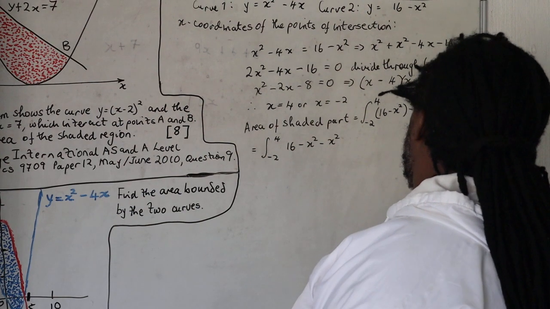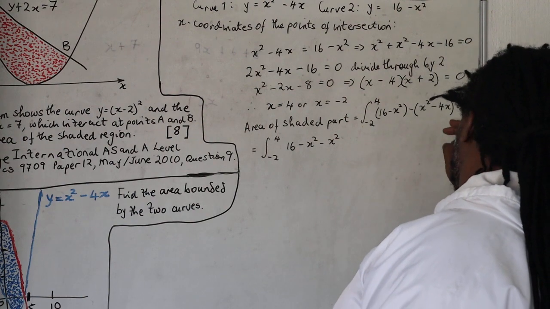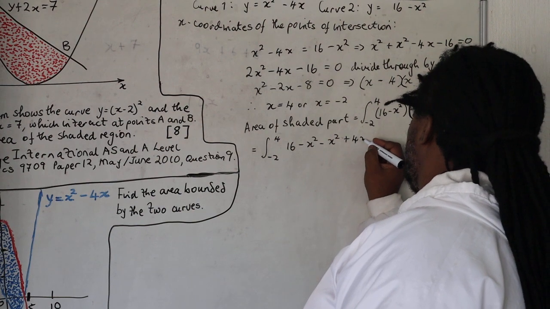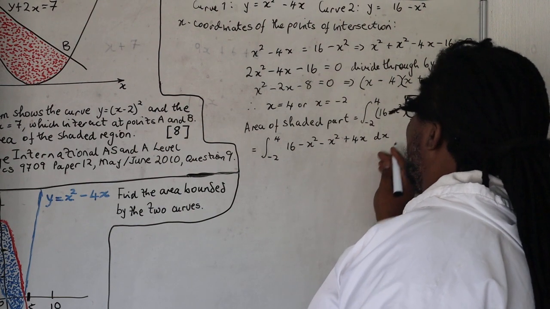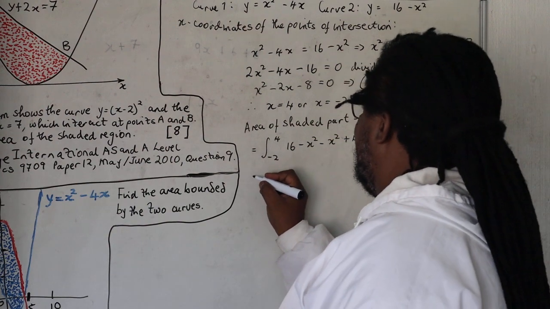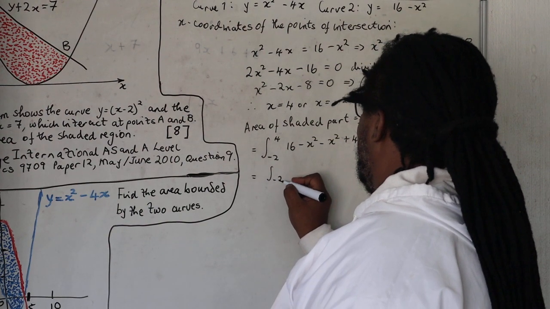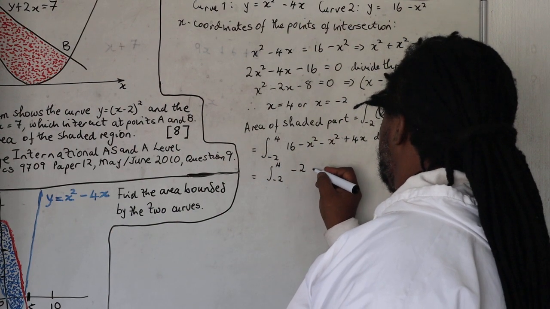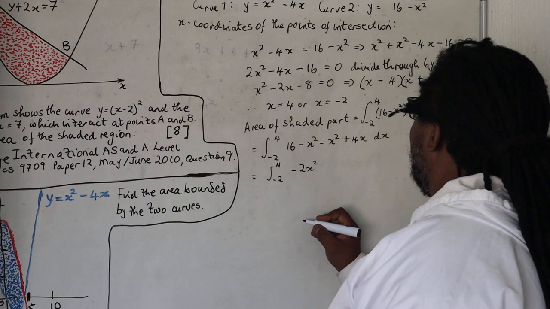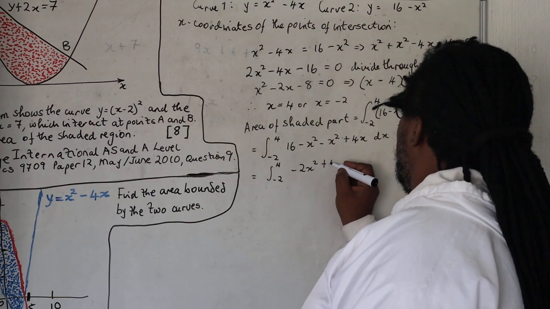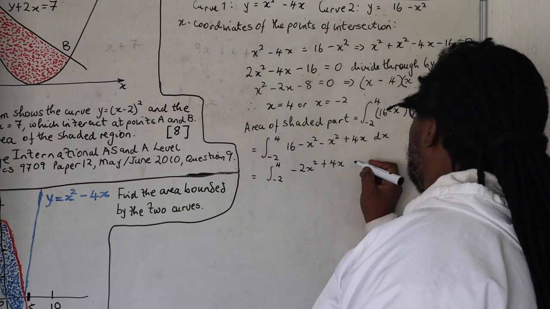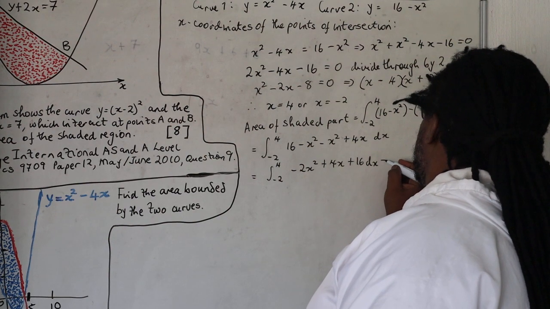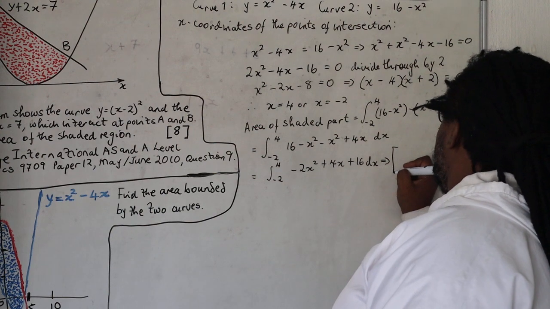We remove the brackets by multiplying what is in the bracket by minus 1, and that becomes plus 4x dx. And this is equal to integral minus 2 to 4 of minus 2x squared plus 4x plus 16 dx. We then integrate.